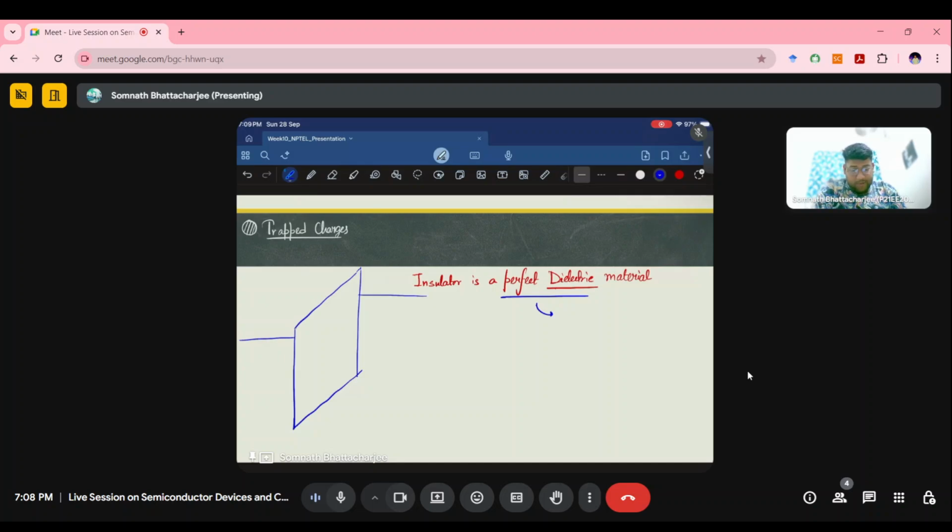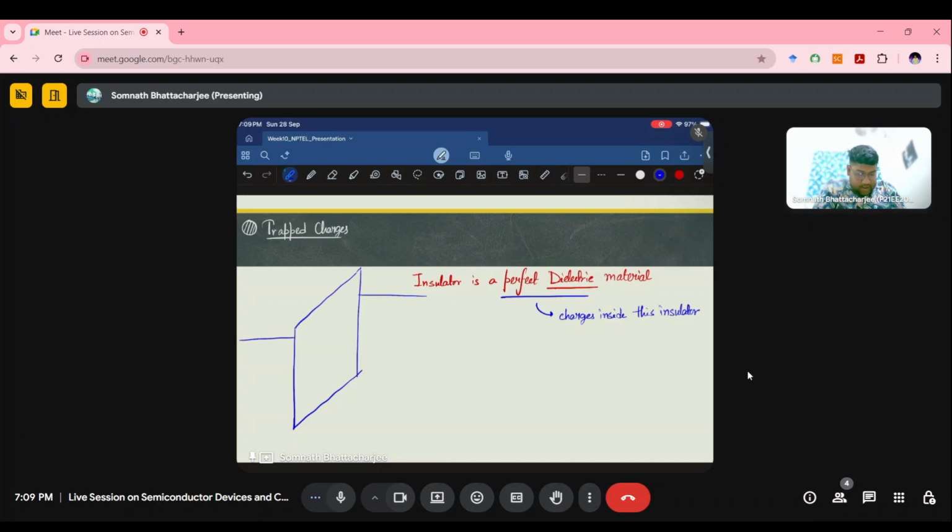Because of that, in this kind of insulator there is a very small amount of charges inside it. These are based on different phenomena and different cases, but there are different kinds of charges, and that's why this is not a perfect dielectric.